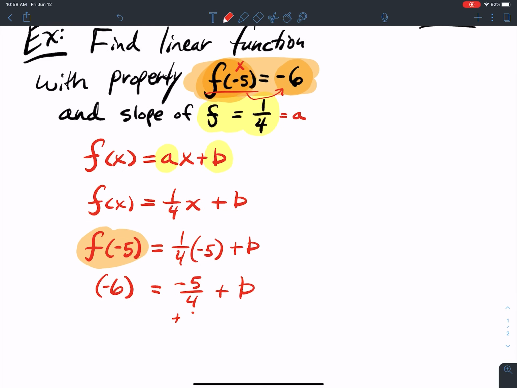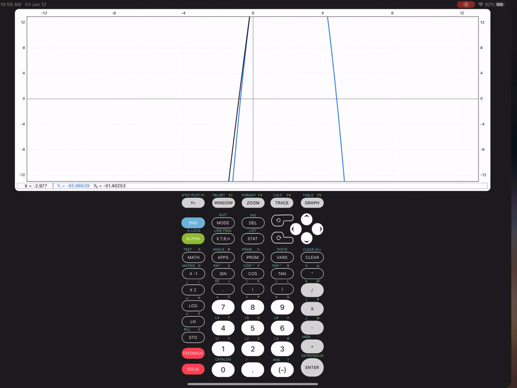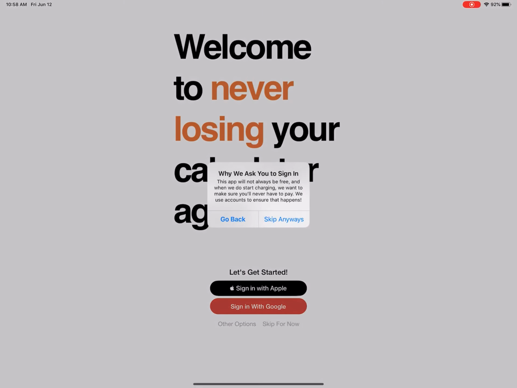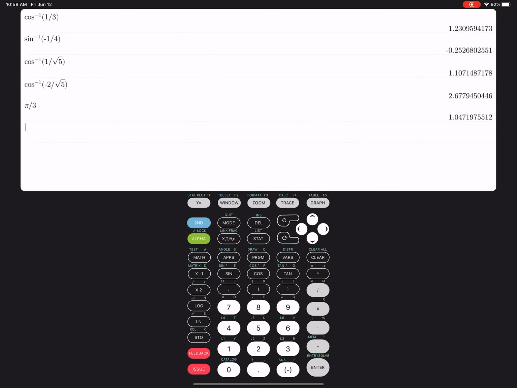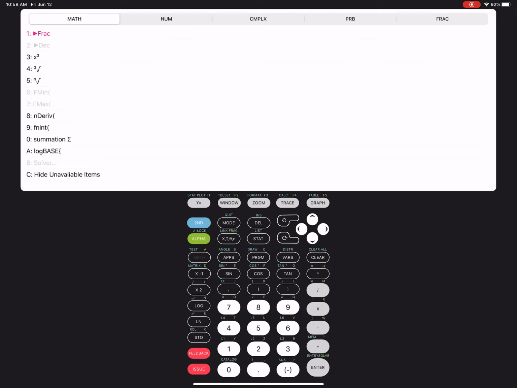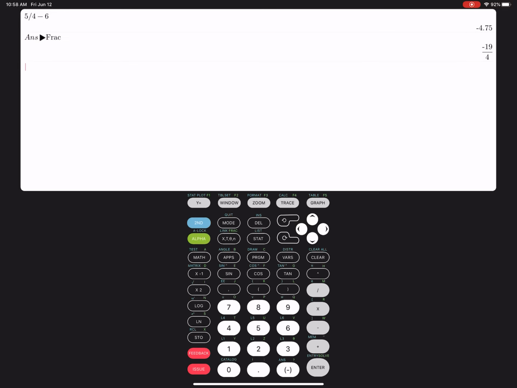To solve, I add 5/4 to both sides. So b is equal to 5/4 minus 6, which is -4.5, in fraction form, -19/4.